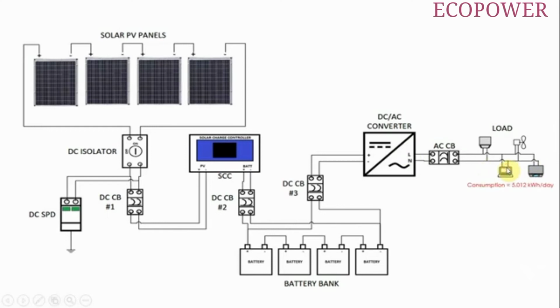So in step 1, we did a load analysis and calculated our daily power consumption to be around 5 kilowatts. In step 2, based on the daily power consumption, we have calculated that we need 4 pieces of this 380 watt solar panel.